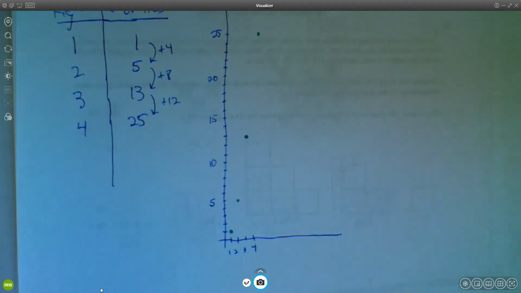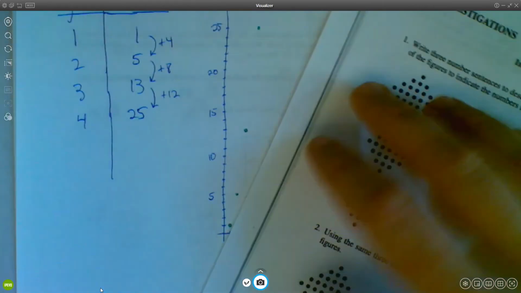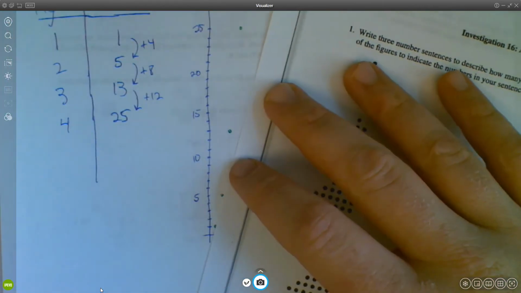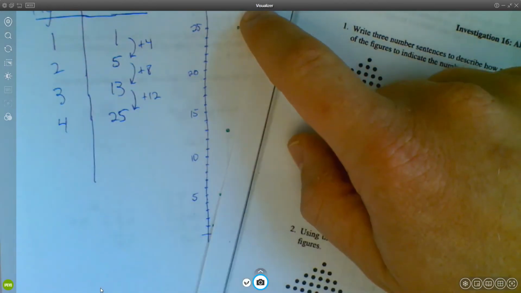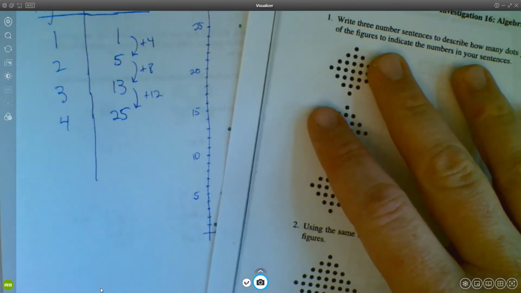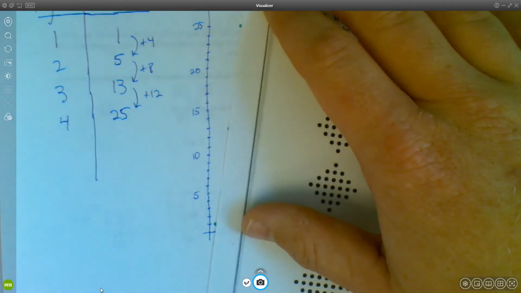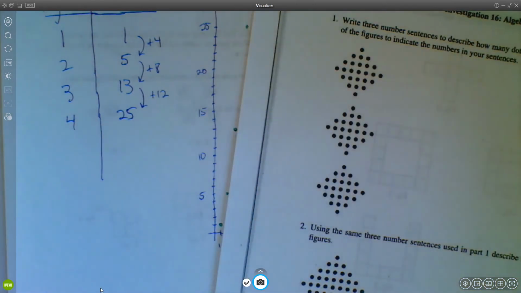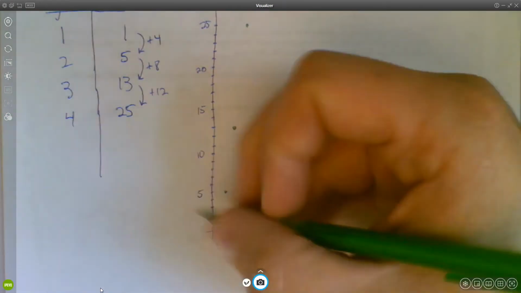But now if I had brought a ruler, you could see this maybe more clearly. Let me use a piece of paper. So using a piece of paper, you can see that the straight line that connects those first two dots isn't going to go through the other two dots. Or that the straight line that goes through the middle two dots isn't going to go through the first dot, and it's not going to go through the fourth dot either. So this is not a linear relationship.